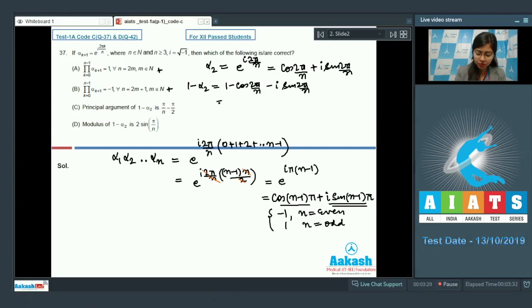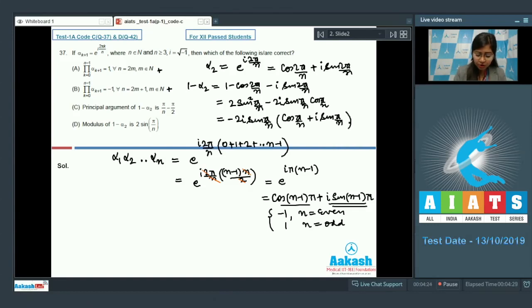That is further equal to, since 1 minus cos 2 theta is equal to 2 sine square theta, 2 sine square pi by n minus, since sine 2 theta is 2 times sine theta cos theta, 2 times sine pi by n into cos pi by n, which is equal to, taking minus 2 iota sine pi by n common, we are left with cos pi by n plus iota into sine pi by n.